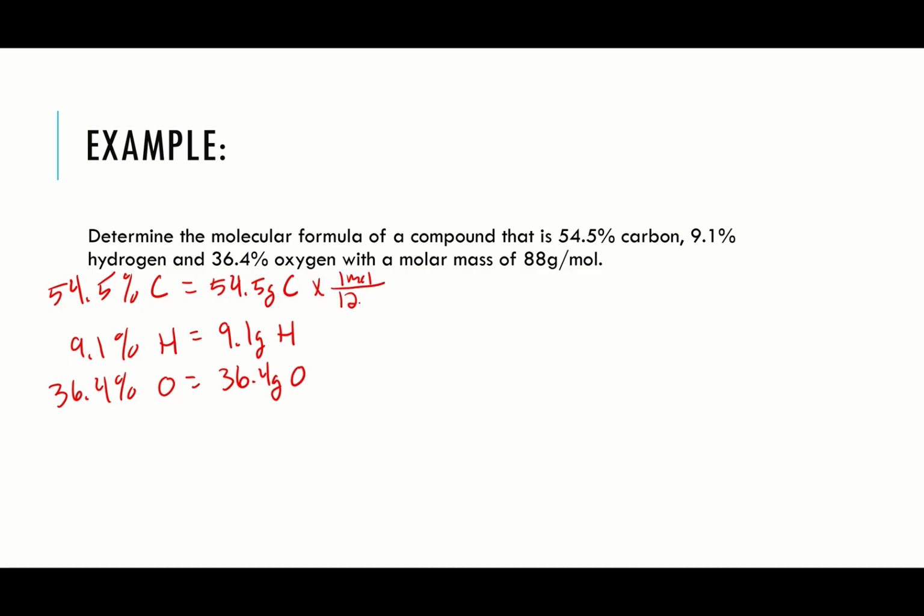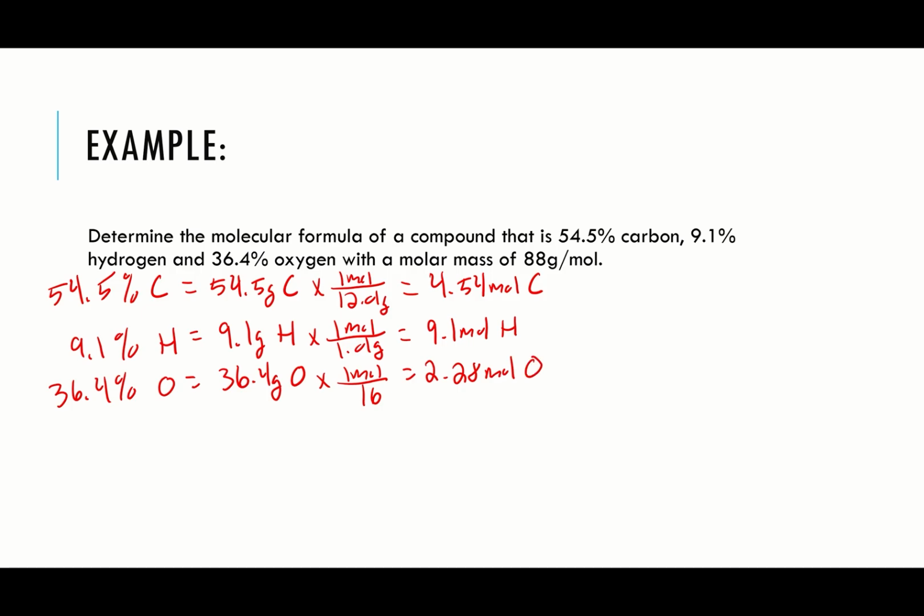We're just following the exact same steps that we were following before, because right now our first priority is finding the empirical formula. So we'll have 4.54 moles of carbon, 9.1 moles of hydrogen, and 2.28 moles of oxygen.